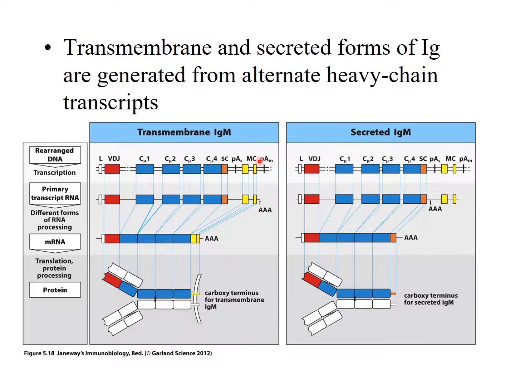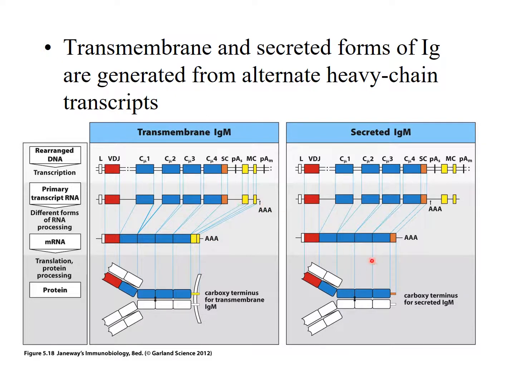What this will allow is a transmembrane tail to be added during RNA processing. All of this will be added, and then during translation you will get a hydrophobic tail that will insert into the plasma membrane, whether it's IgM or IgD.